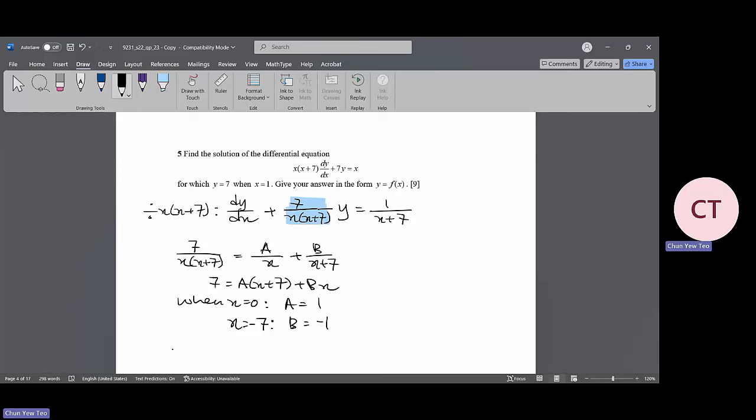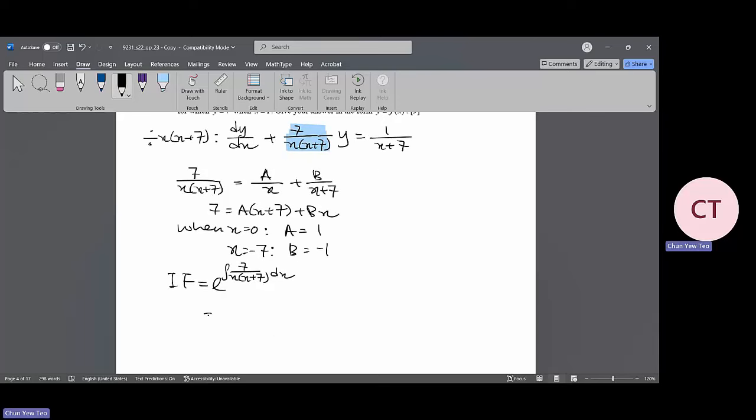So from here, we know that the IF, integrate 7 over x plus 7 dx, is actually the same as integrate a over x minus 1 over x plus 7. Then you get e power ln x minus ln of x plus 7.